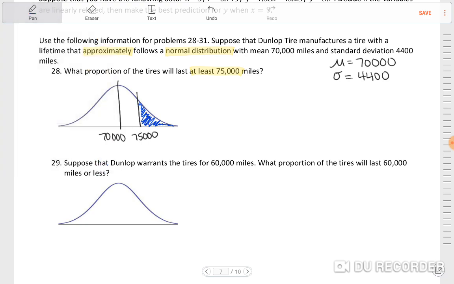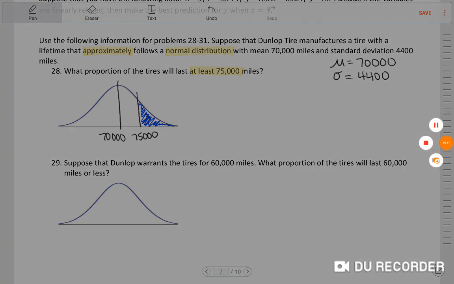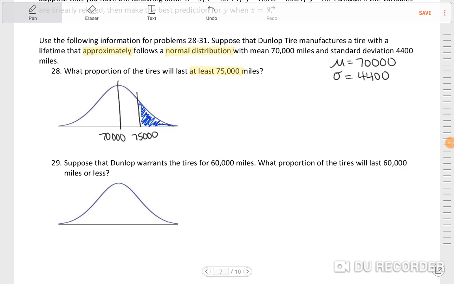The picture is going to be really helpful for you in setting up your inequality. I'm sorry, not your inequality, your normal CDF. All right, so this would be normal CDF. My minimum x value is the 75,000. The maximum would be infinity.